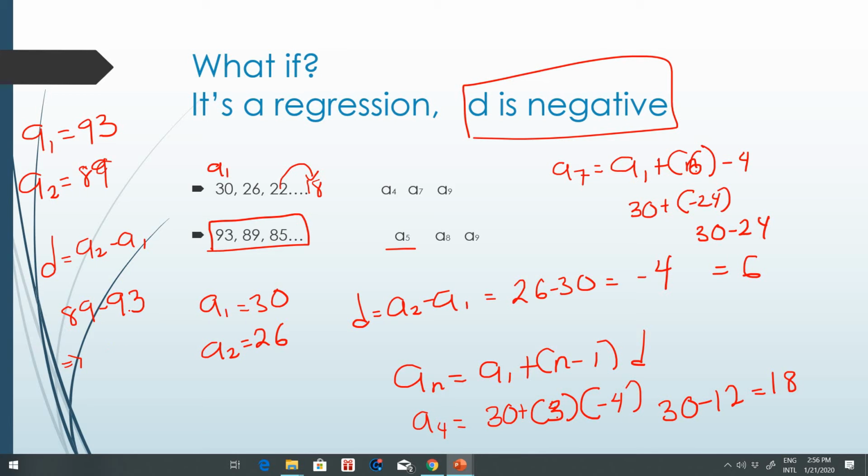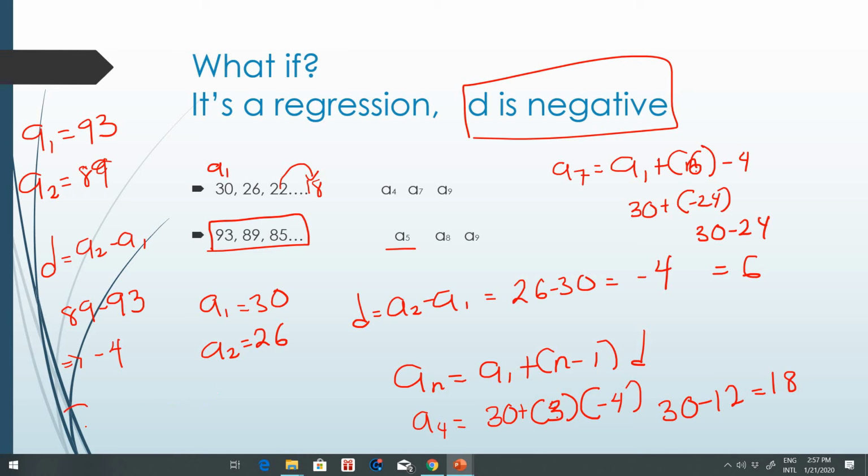So you can see our difference. It just means we're going lower by 4. So our D is minus 4 again.